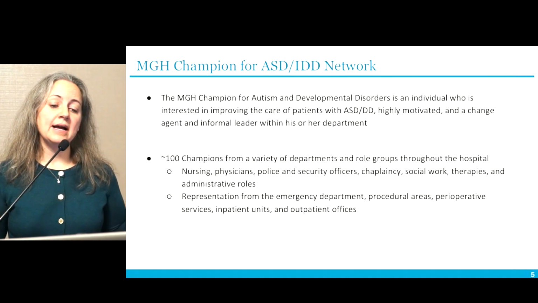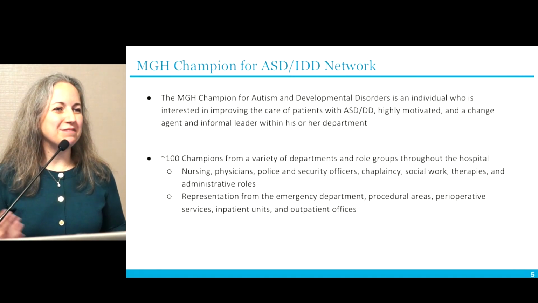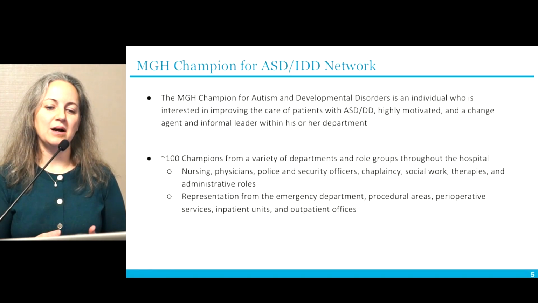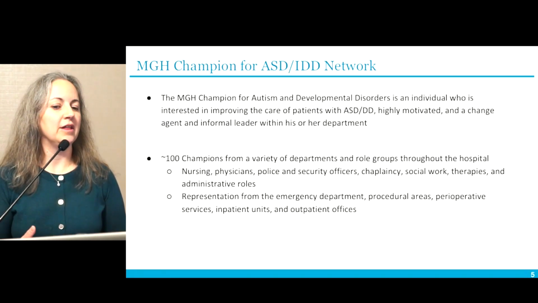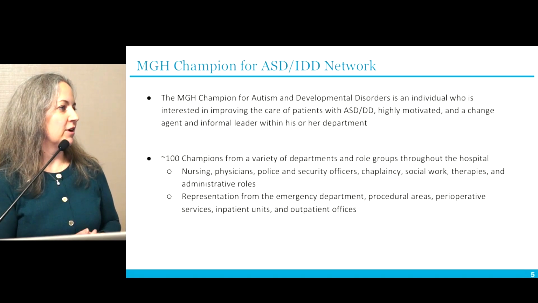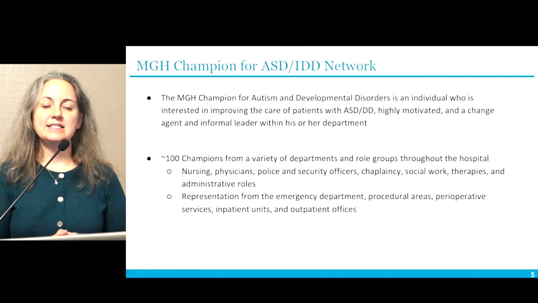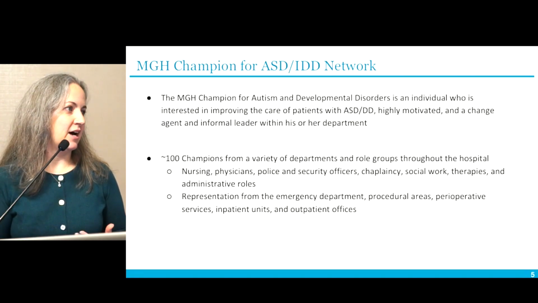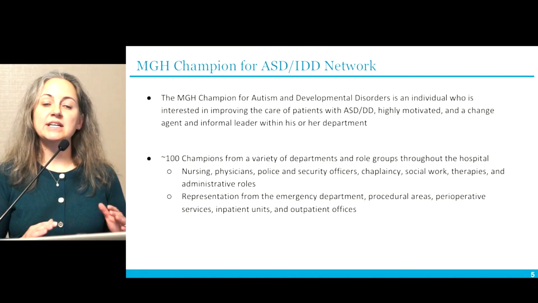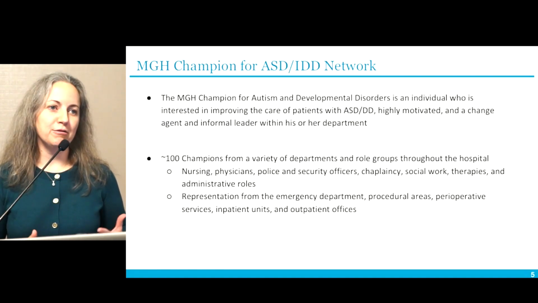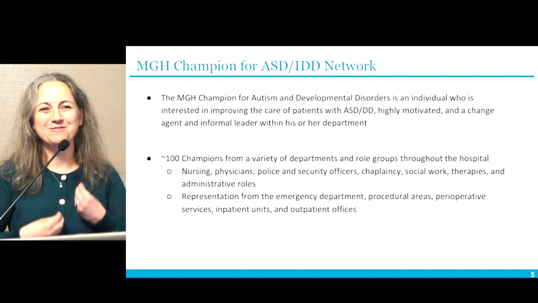I created, or I really networked and developed relationships with a large group of people. So I call them my MGH champions for autism and IDD. It's over 100 people now across the hospital. I literally could not do my job without them. They make me look really good.